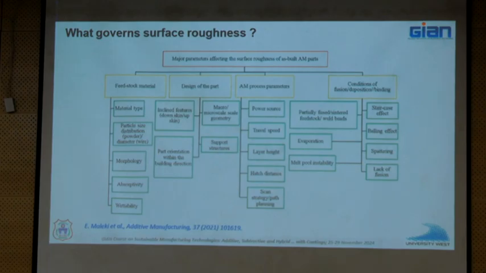So if you build a part, for example, I showed you the standard bread and butter build where you build the blocks. The roughness on the side is different from the roughness on the top, right? So for that reason, the part orientation also becomes important, right?